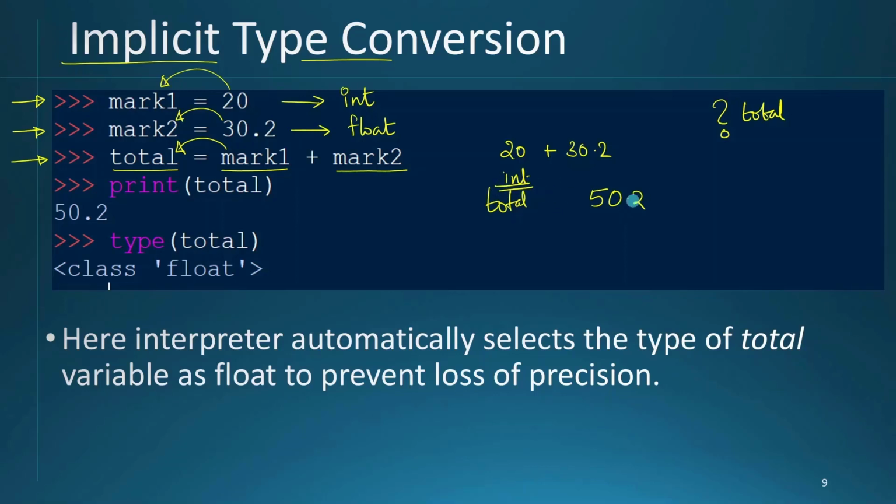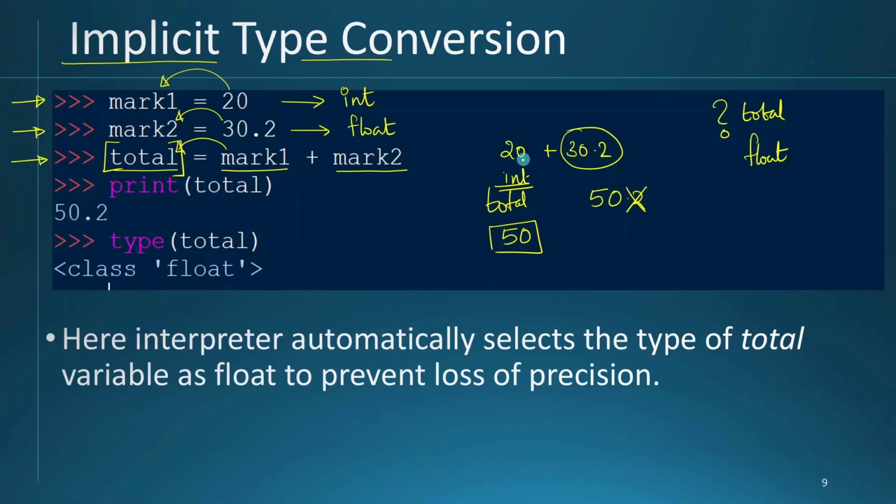Integer cannot store decimal value. So this part has to be cut off, and total can store only value 50, which is wrong because we lost the precision. So the Python interpreter understands this, and Python understands that a floating point value always has larger precision than an integer. It will automatically select the data type of total as float.